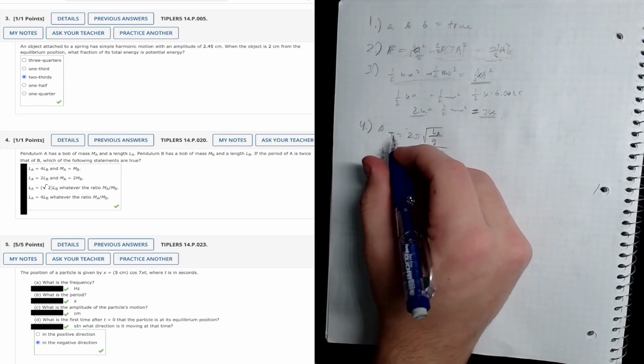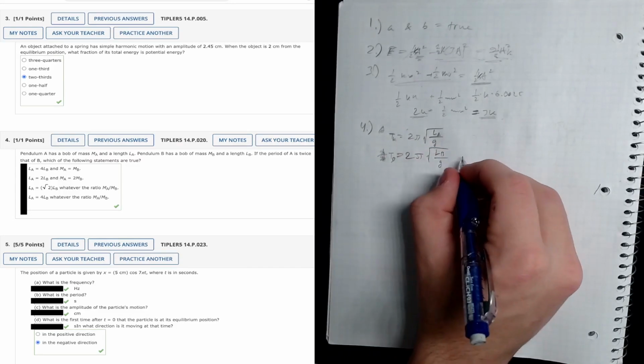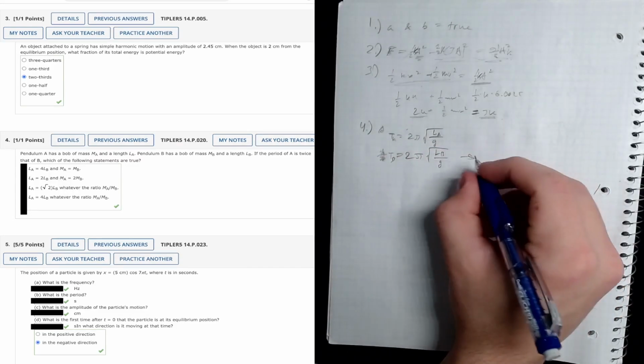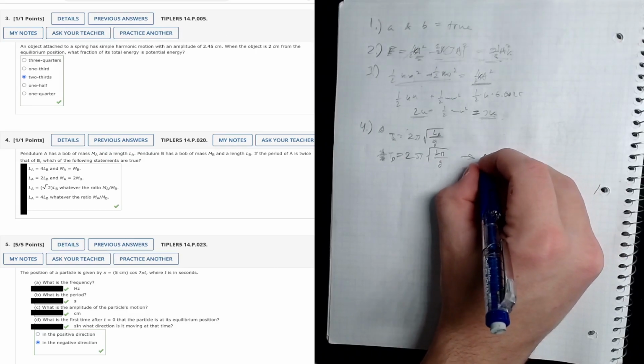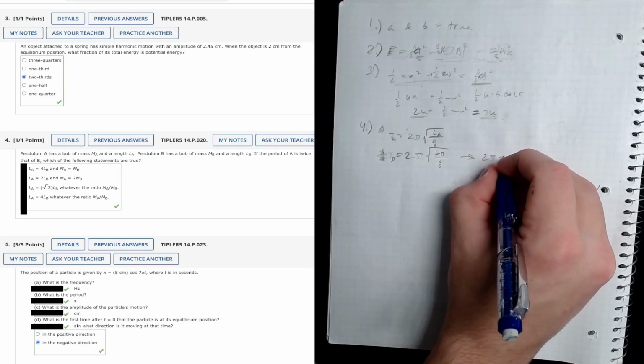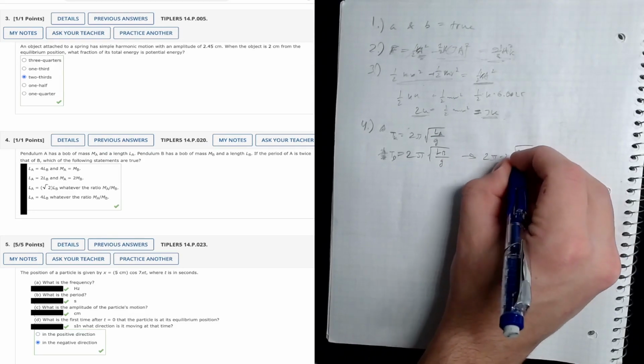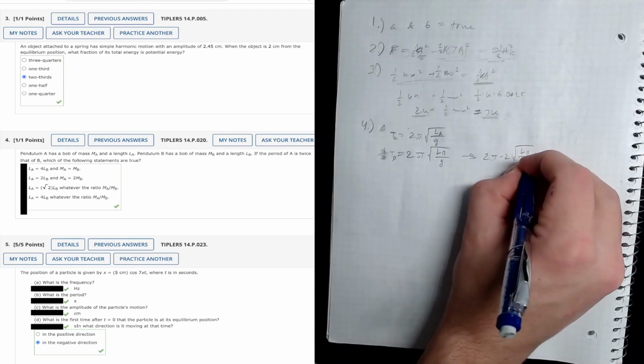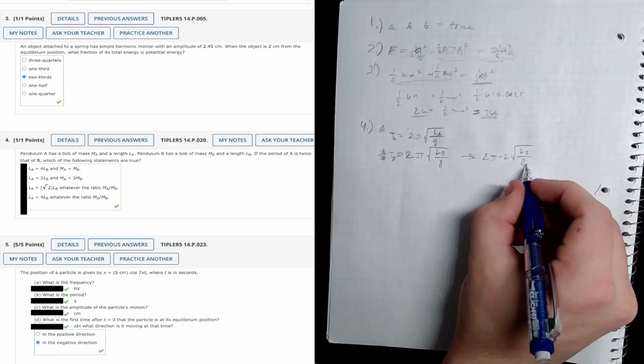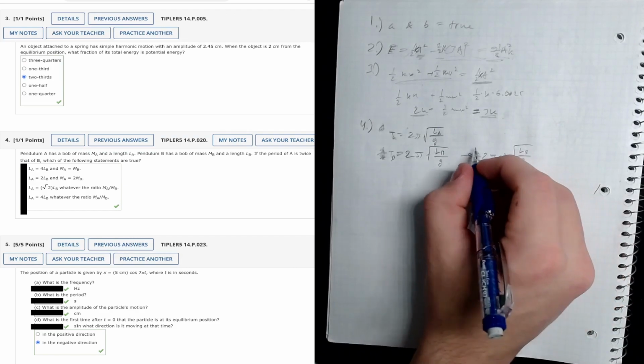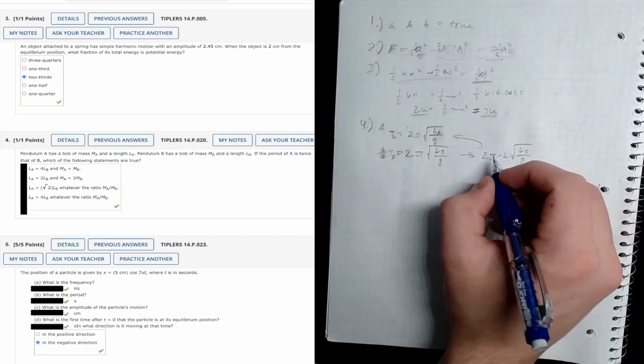Now the period of A is going to be 2 times this, so for the period of A we'd have 2 times pi times 2 square root of LB. You can rewrite this however you'd like, but that's going to be the period of A essentially, right there, in terms of LB.